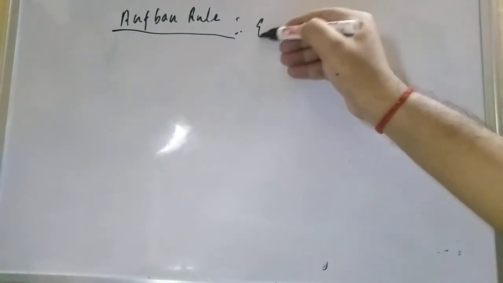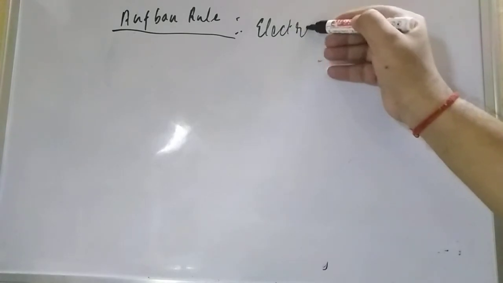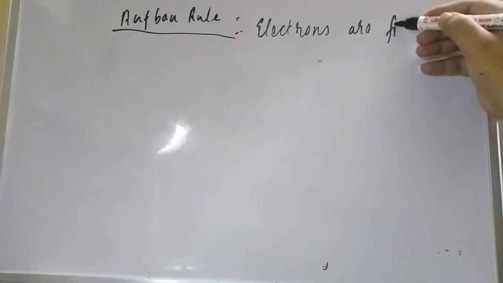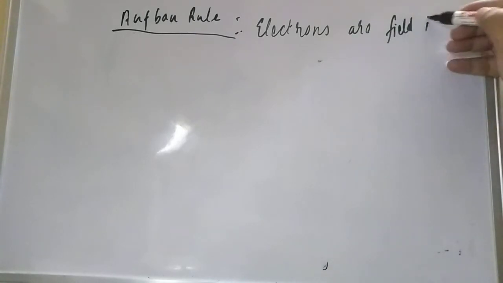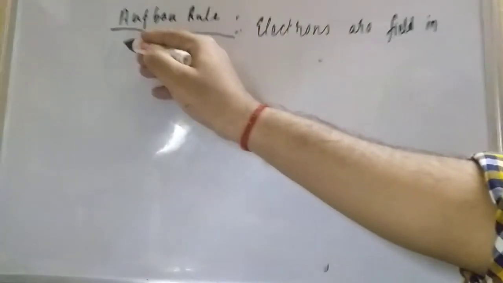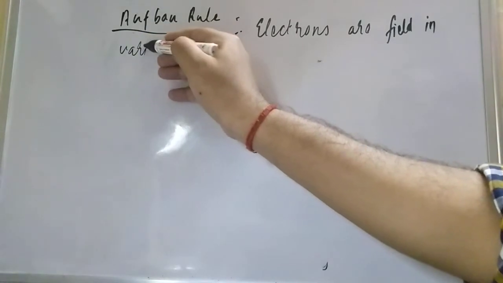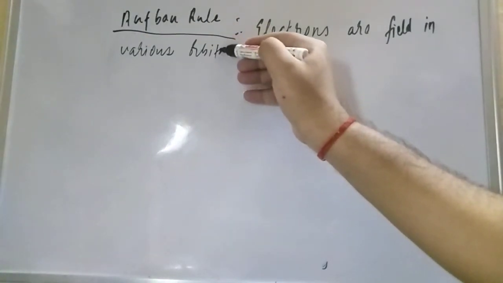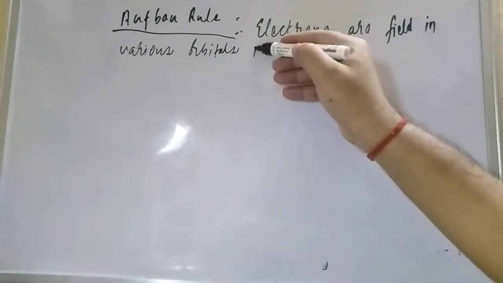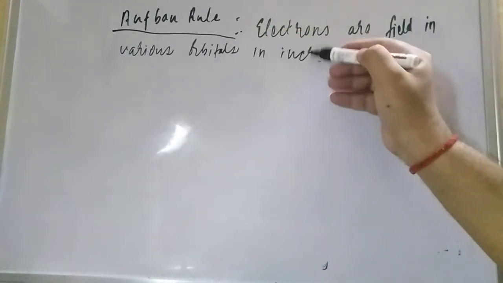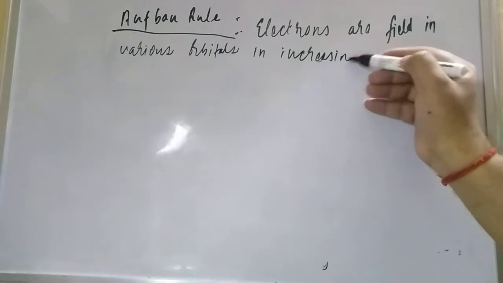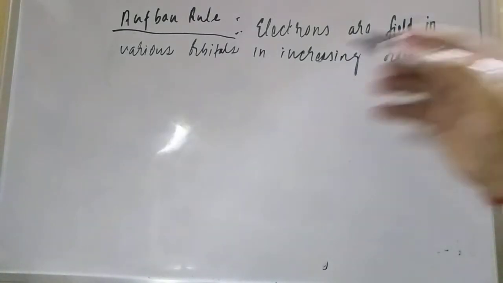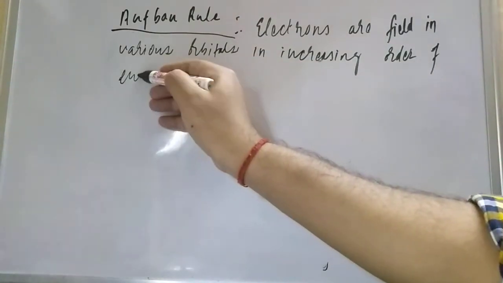What he said is that electrons are filled in various orbitals in increasing order of energy of the orbital.